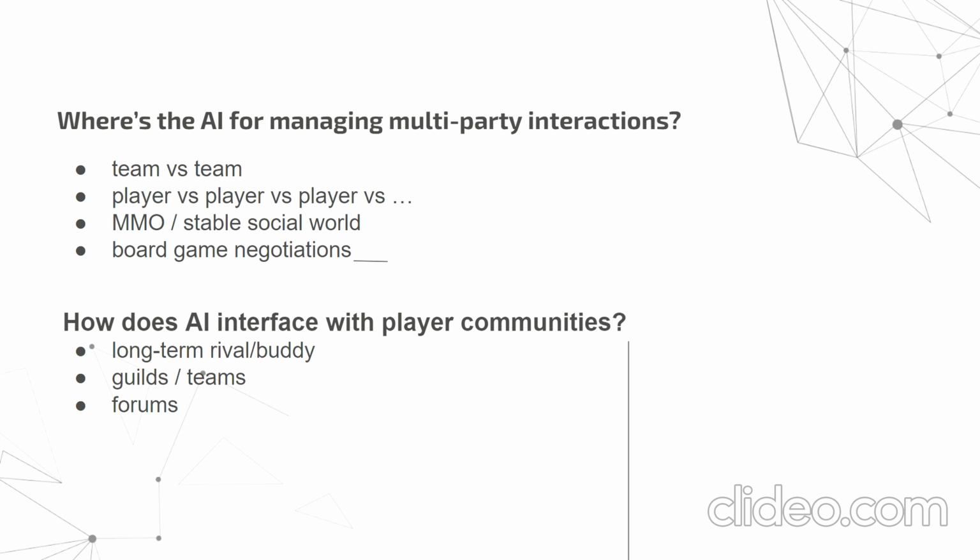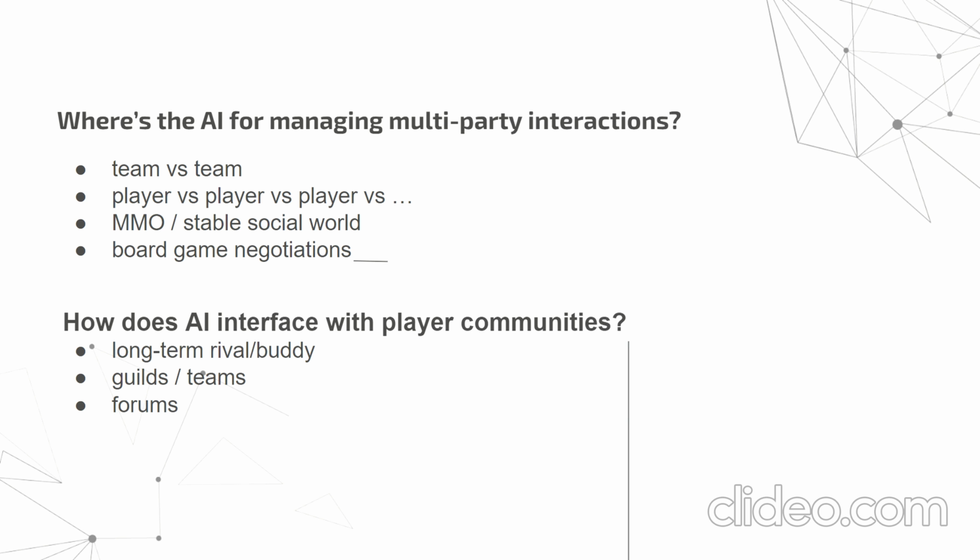So the next slide is, where is the AI for managing multi-party interaction? It could be team versus team. AI could be in one of the teams, and other teams could also be AI or human players. And it could be player versus player versus player, so we have multiple single players.